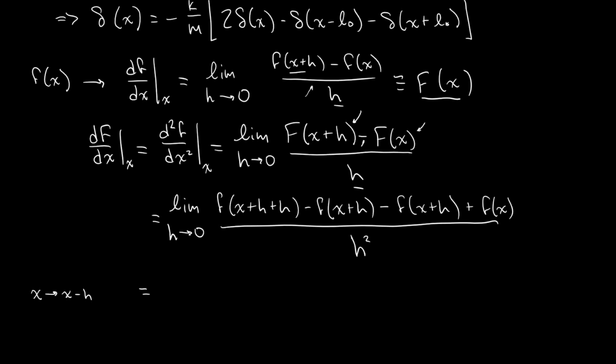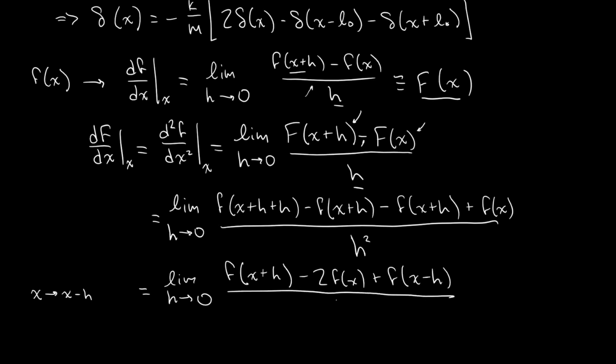At the end of the day, it doesn't matter because I'm taking the limit as h goes to 0 anyway, so it's not going to affect anything on the left-hand side, but it does make things over here a bit simpler, and I get something which is f of x plus h minus 2f of x plus f of x minus h over h squared. Well, this looks pretty familiar, in that the numerator is almost exactly what we have up here.